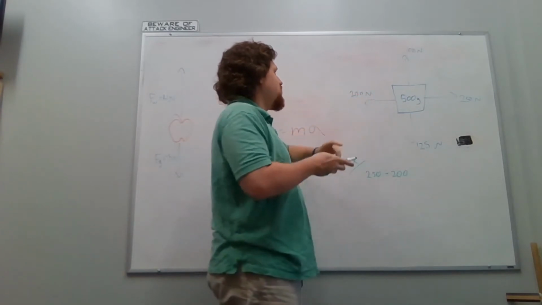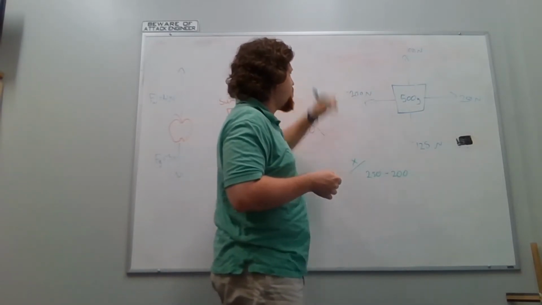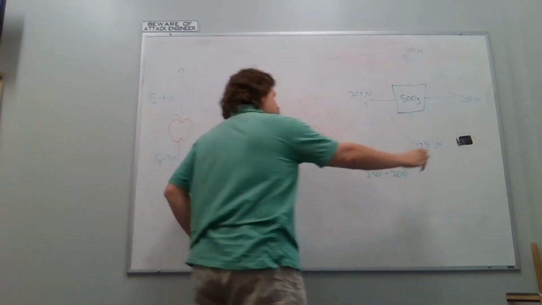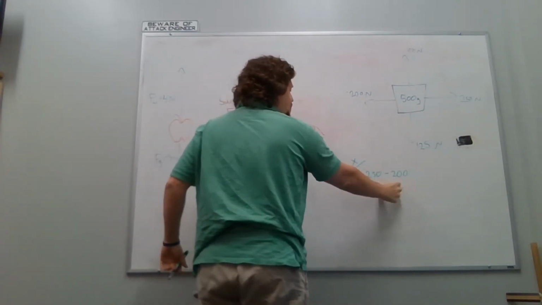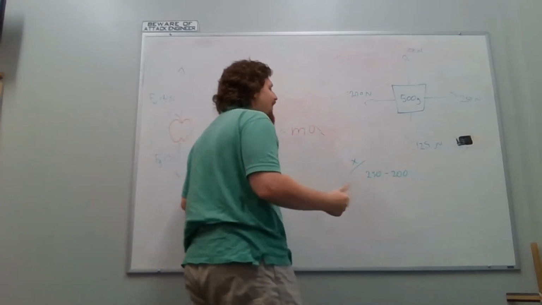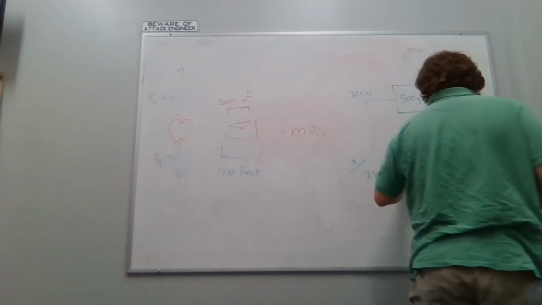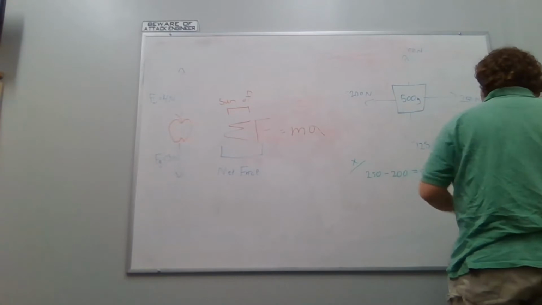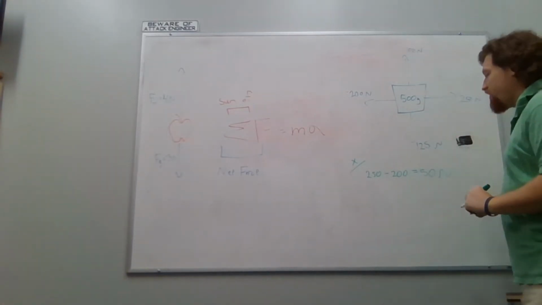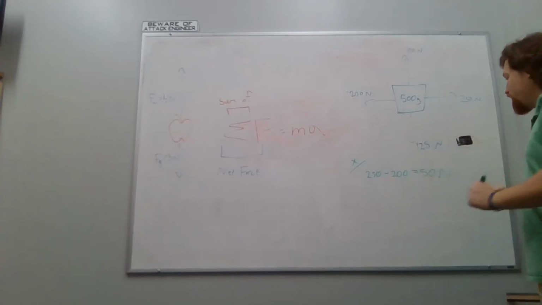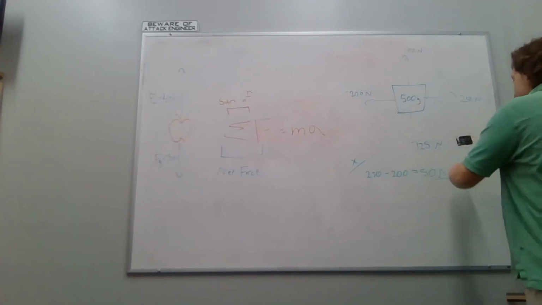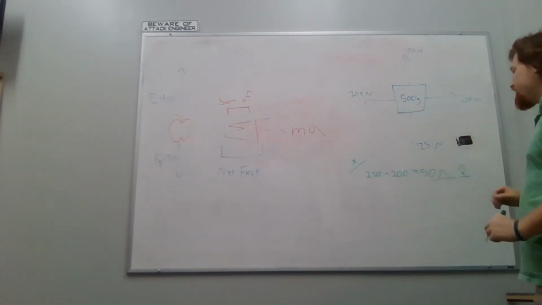So that means this 200 is going to be pointing in the opposite direction. If this is positive, then this must be negative. And so when we add them up, they're going to add up to 50 newtons. They're not going to add up to 450 because they're working against one another. So, this is going to be our force in the x-axis.